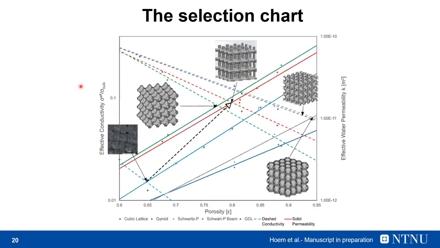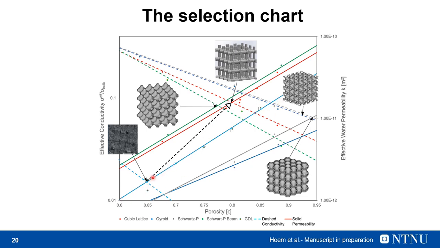Here is a selection chart that we made from all the structures. Here we have the effective conductivity ratio, effective water permeability, and porosity. The dotted lines are the effective conductivity, and the solid lines are the effective water permeability.